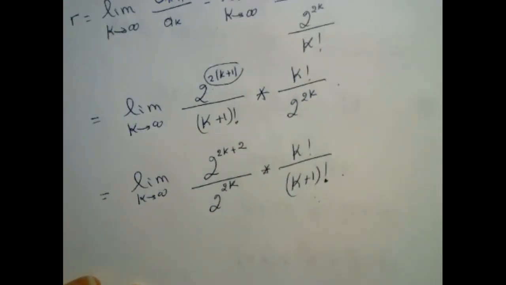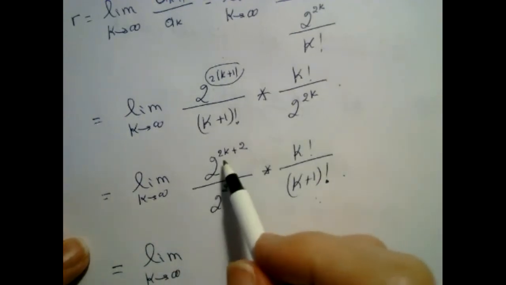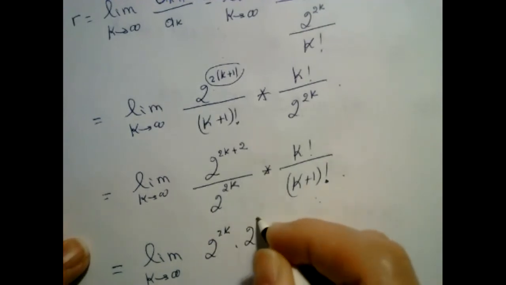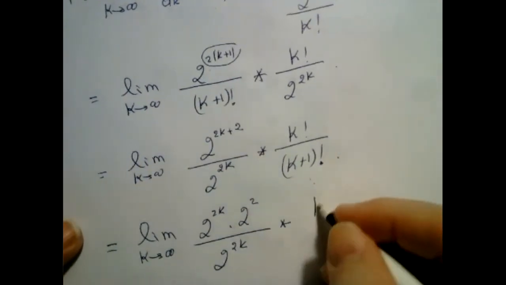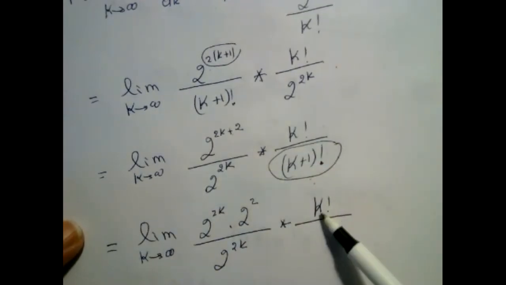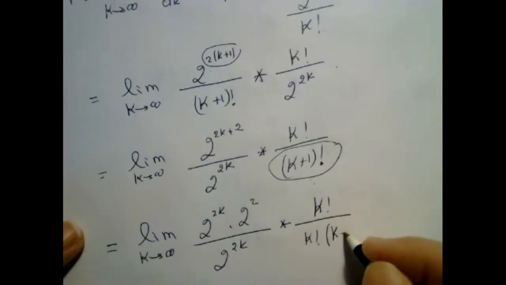So now before I jump into finding the limit, I will simplify those terms, because we know a lot of simplification can occur. You don't just jump to the limit, we simplify. So let's see what we have in here. 2 to the 2k plus 2 and 2 to the 2k. Now, obviously, I can write it this way to make things easy for us, times k factorial. Now, the quantity k plus 1 factorial, because we know we need to simplify, as I mentioned a minute ago, is k factorial times the k plus 1.